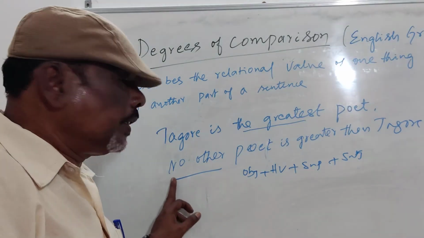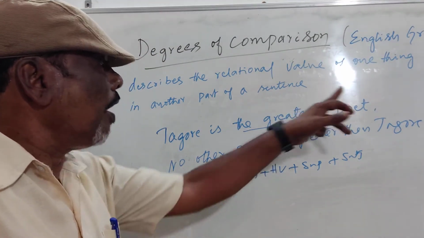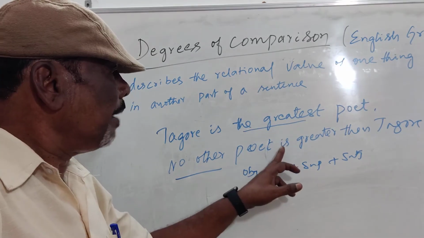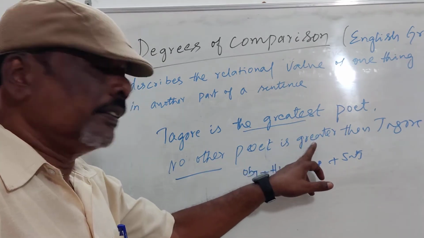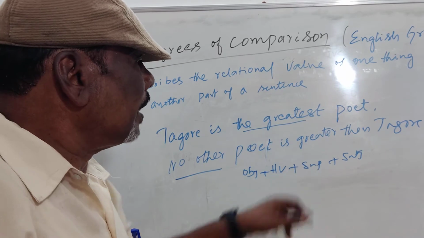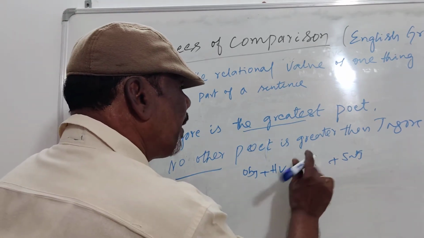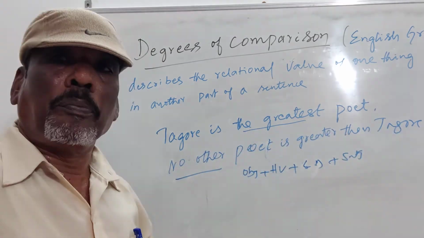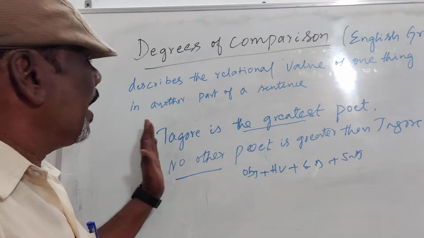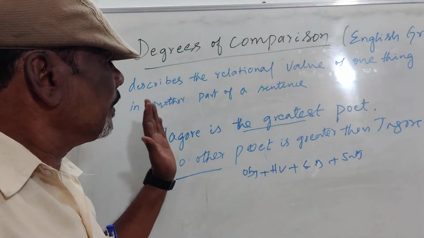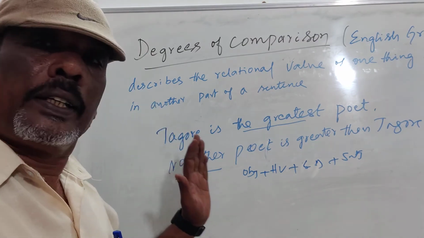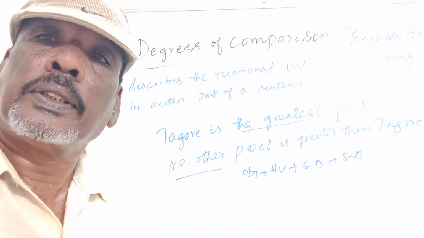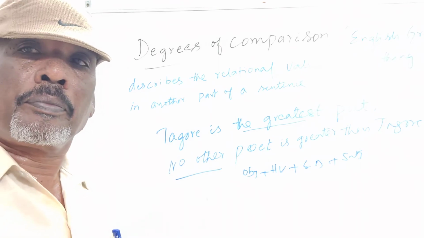We have used "no other", then the object, the helping verb, then "greater than", which is comparative degree, plus the subject. So we have changed the superlative degree sentence into comparative degree.